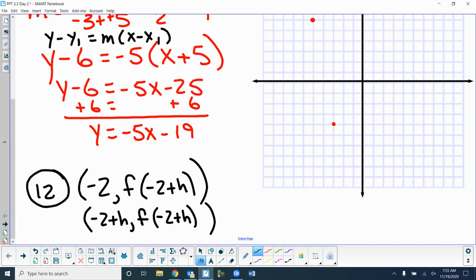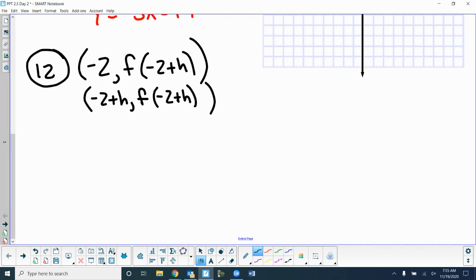So looking at those 2 points, what did you notice right here? Even though they look weird, they're the same, right? So if my y's are the same, when I subtract them, what do I get? If I have the same thing and I subtract them, what do I get? 0, right?